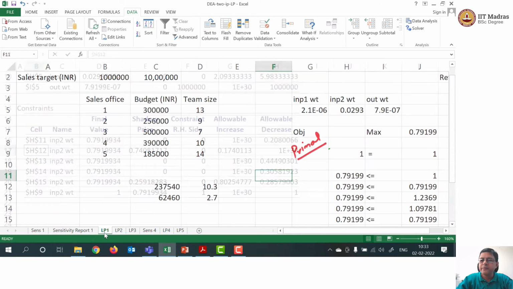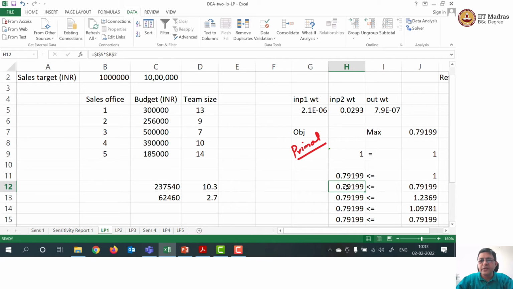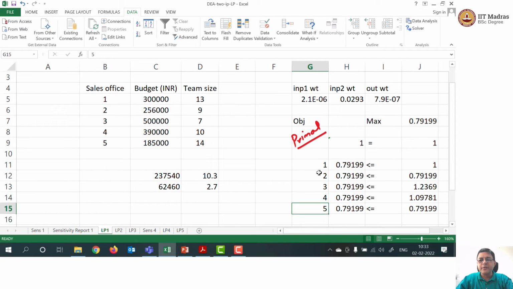What was H12? H12 was this constraint. Remember what this constraint was for? This was a constraint for DMU1, this for DMU2, this for DMU3, this for DMU4, this for DMU5. The first constraint said that using the input and output weights of DMU1, DMU1 should not get an efficiency more than 1.